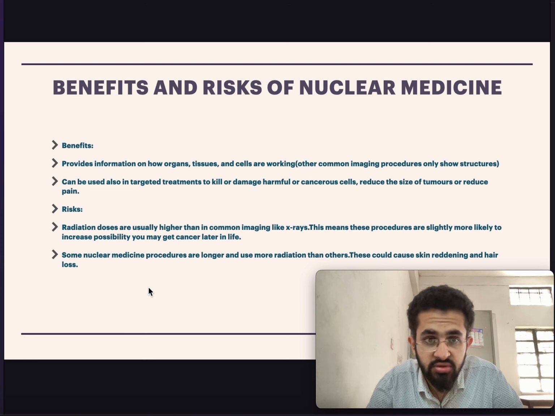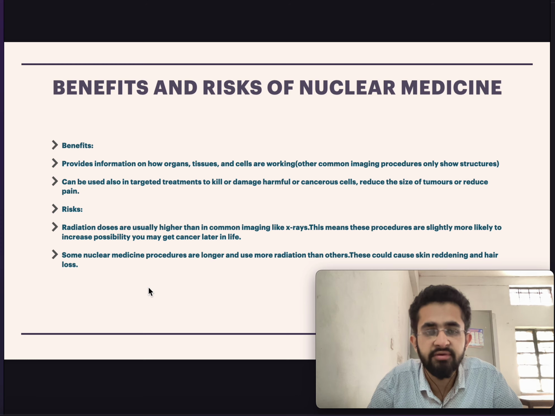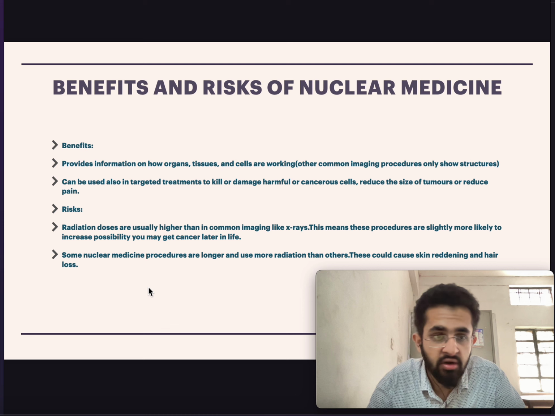It can also be used in targeted treatments to kill or damage harmful or cancerous cells, reduce the size of tumors, or reduce pain. Risks: radiation doses are usually higher than in common imaging like X-rays. This means that procedures are slightly more likely to increase the possibility that you may get cancer in later life. Some nuclear medicine procedures are longer and use more radiation than others. These could cause skin reddening and hair loss.